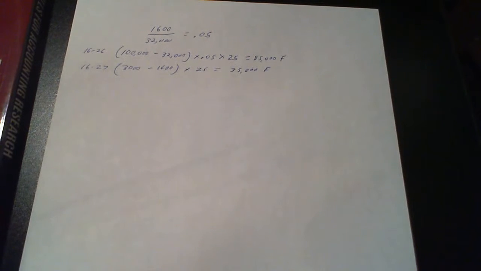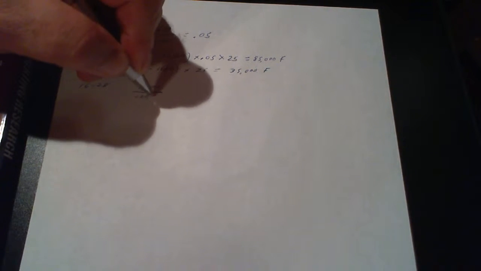And then finally, on 16-28, what is the firm's market share variance? Now we need to calculate, we already have our budgeted market share, what we calculated up here, and so we need to calculate what our actual market share was. Our actual market share was 3,000 divided by 100,000, or 3%.